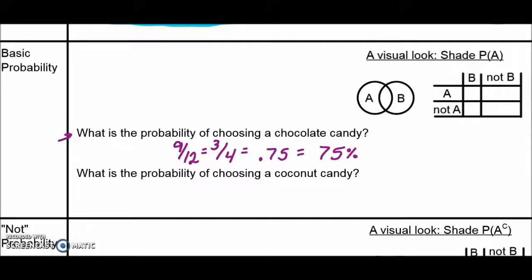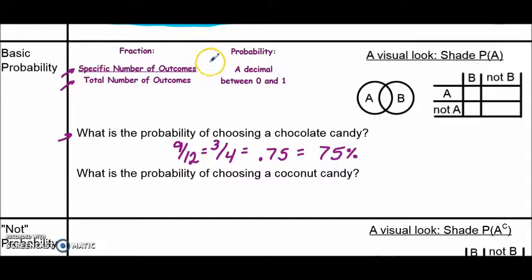So let's review those 3 ways of expressing the chances of getting a chocolate candy. First, we used a fraction, where we put the specific number of outcomes in the numerator and the total number of outcomes in the denominator. Think how many we have out of the total possibilities. In this case, it was 9 out of 12. We also created a probability, which is a decimal between 0 and 1.